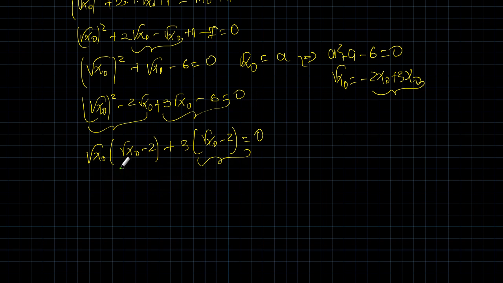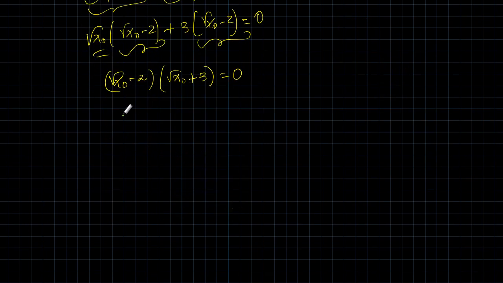Now these two are the same, so I'm going to factor out square root of x0 minus 2, and I'm left with square root of x0 plus 3, and this is equal to 0. So we have square root of x0 minus 2 equals 0, and square root of x0 plus 3 equals 0 as well. Square root of x0 is going to be 2, our first case.